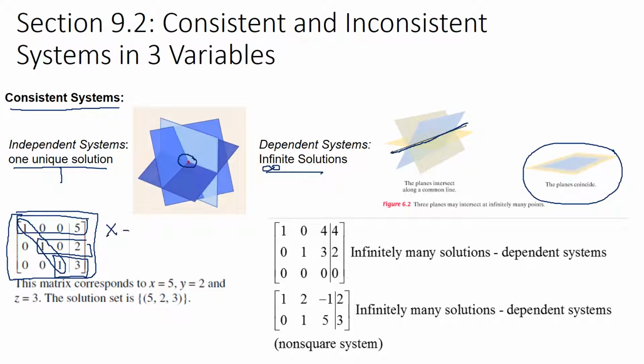So in this case, x is equal to 5, y is equal to 2, and z would be equal to 3. So there's one solution for each of the variables. So this is showing an independent system.